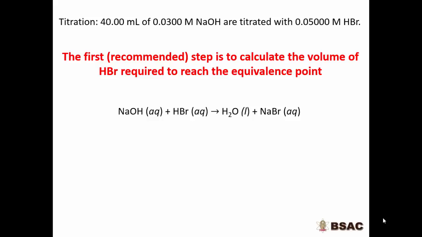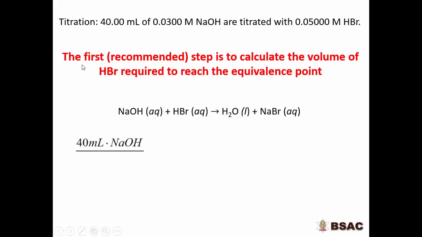Of course, you're going to be doing calculations for a variety of volumes of titrant that are added up to the equivalence point and past the equivalence point. But a good thing to calculate at the very beginning is the volume of titrant needed to get exactly to the equivalence point. And that will be an important reference as well for some of your calculations.